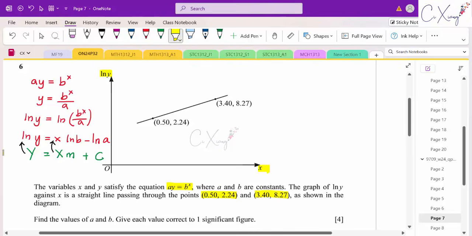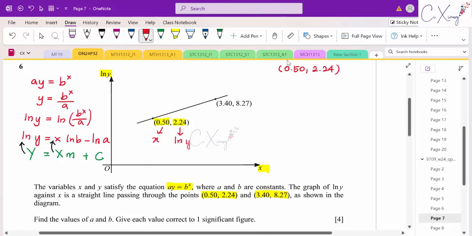So if you have a look at the points provided, the x coordinate is still x. Then the 2.24 here, the y coordinate, is the value of ln y, because we have ln y on the y-axis. So to get the values of a and b, what we can do is substitute the points into the equation, then solve simultaneous equations. As an example, for the first point, your x is 0.5 and your ln y is 2.24.